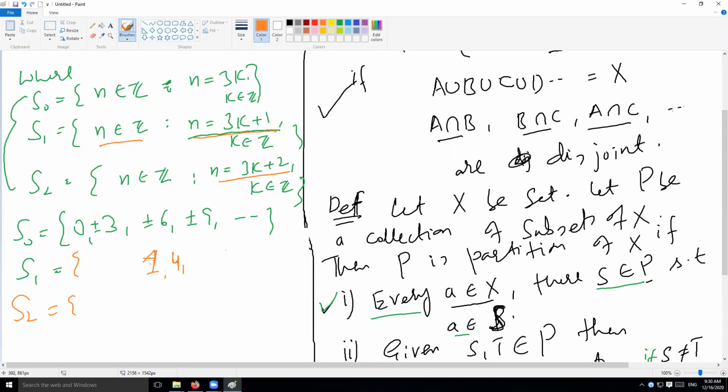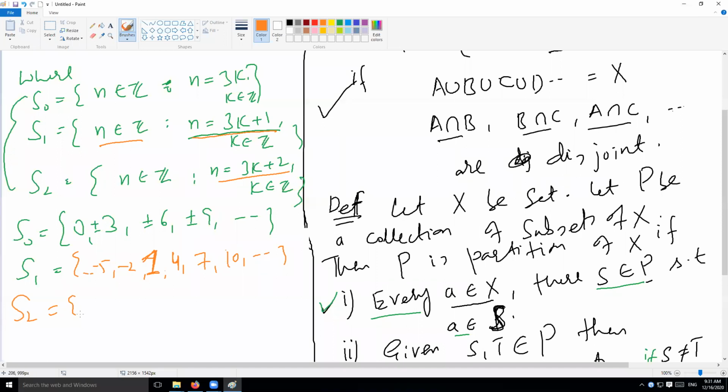So just identify one number and keep on adding 3 to it: 1, 4, 7, 10, and so on and so forth, and keep on subtracting 3. If you keep subtracting 3, you get -2, -5, and so on. So this is the set. When you divide these numbers by 3, you get a remainder of 1.